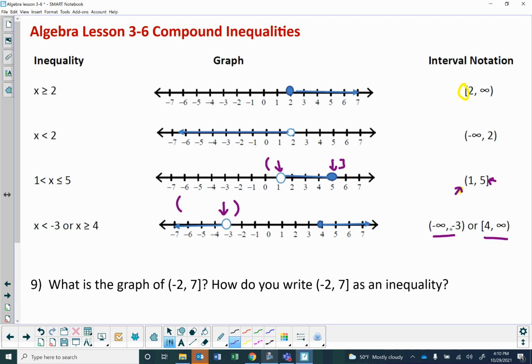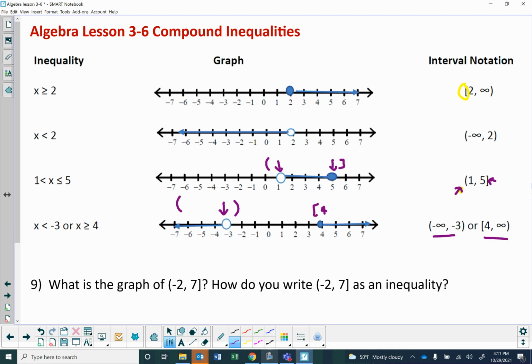So that's why we end up with negative infinity on the left to negative 3. And then or, since there's a closed circle here, we know there's a bracket on that end of it. And then we put the number 4 there. It's going forever in the right-hand direction, which is why we have infinity there. And we end up with a parenthesis.